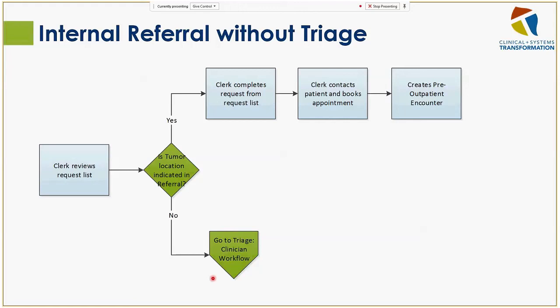Sometimes people do put the tumor site, sometimes they don't. So the clerk goes into the charts and reads the physician's diagnosis, and based on that she knows what the tumor site would be. So she has the ability to find out that information right now.